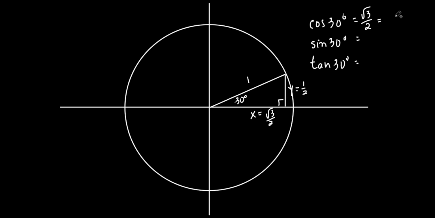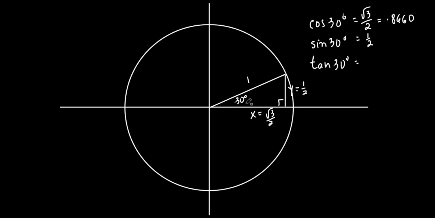I was correct. So if you put in cosine of 30 in your calculator, you're going to get this. If you put in the square root of 3 over 2 in your calculator, you're going to get this. So would you agree that they are equal? Yeah. What's the sine of 30 degrees then? It's just 1/2.